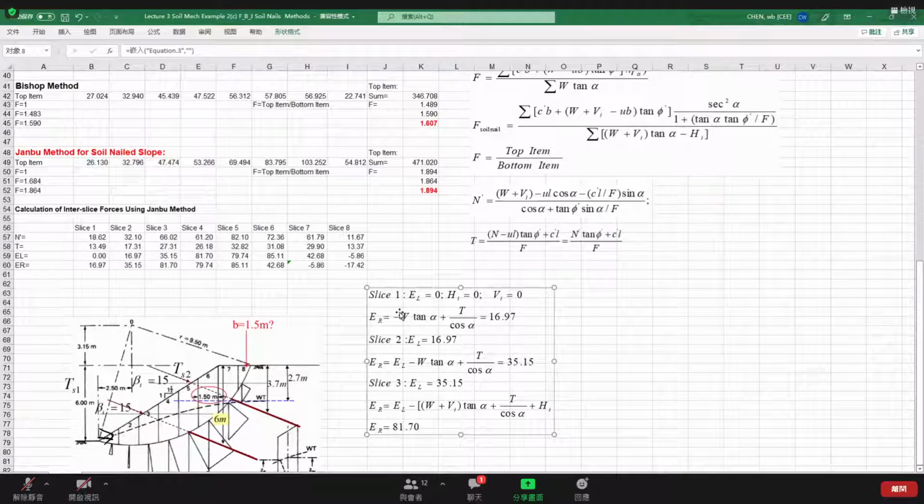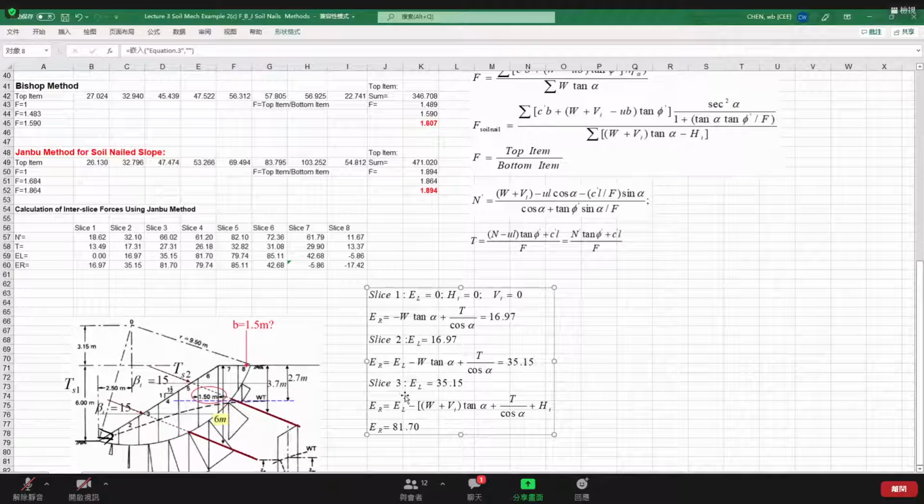And step by step, one by one, from EL for slice 1, we calculate the ER for slice 1 because we know this equation. So we can calculate ER1 and then EL2, which is equal to ER1, right? And EL2 is used to calculate ER2.